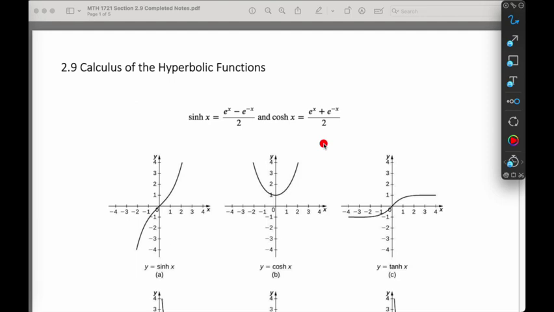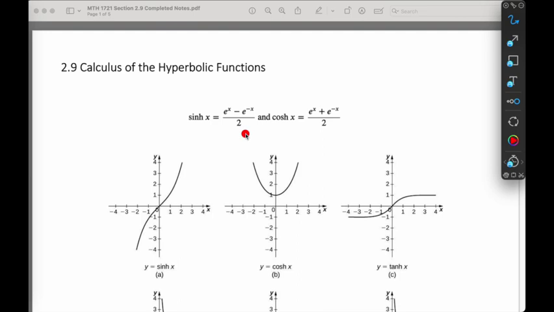When we think about tangent, we think about sine over cosine. So when we talk about hyperbolic tangent, our function would be defined as hyperbolic sine over hyperbolic cosine. So I would take this and divide it by this. Hyperbolic cotangent would just be the reciprocal of that, where I would take hyperbolic cosine and divide by hyperbolic sine.